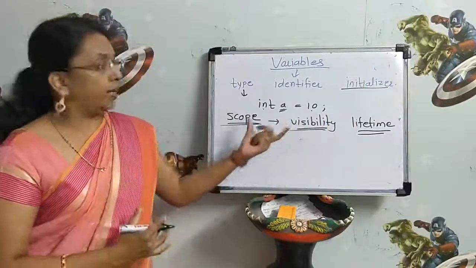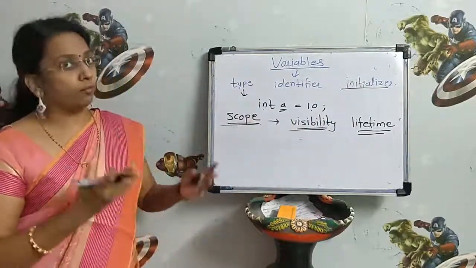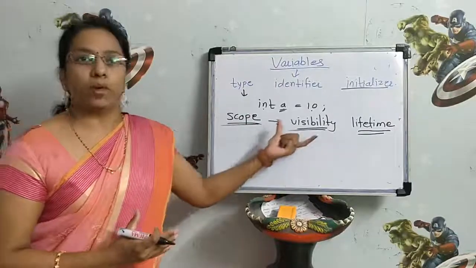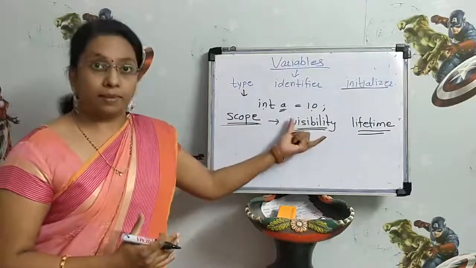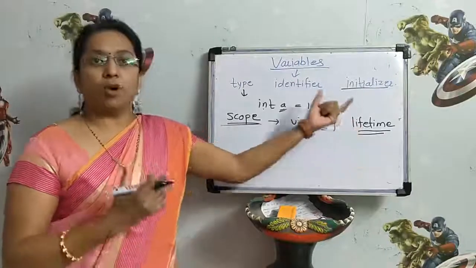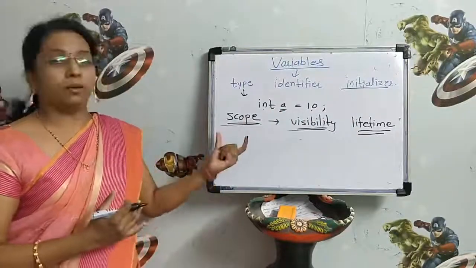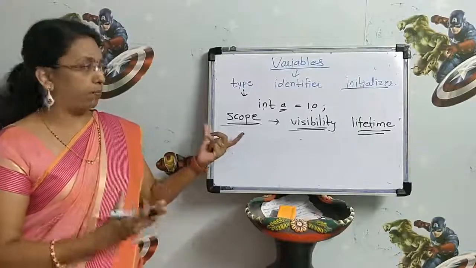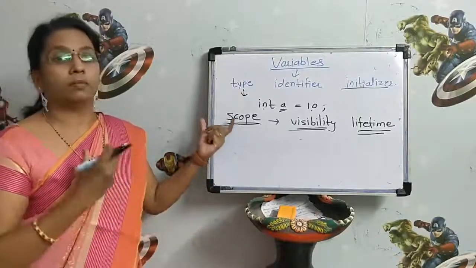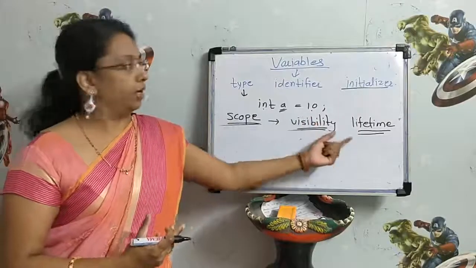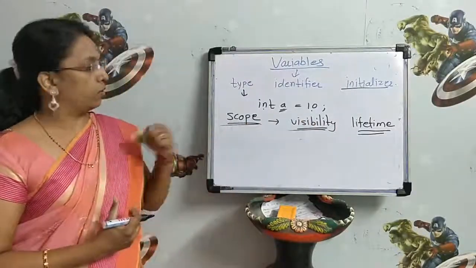Visibility means the part or section of the program where we can access this variable. And lifetime of the variable means how long that variable is going to stay in main memory, how long this variable is alive in main memory.